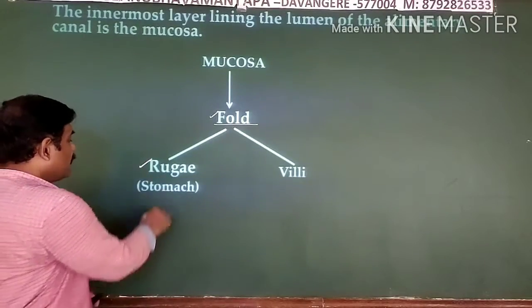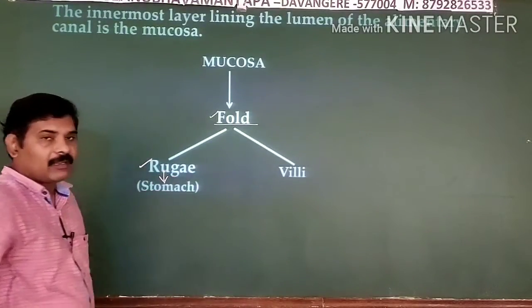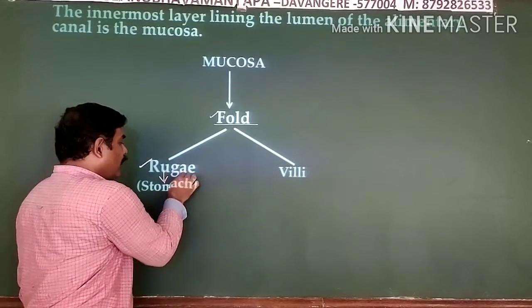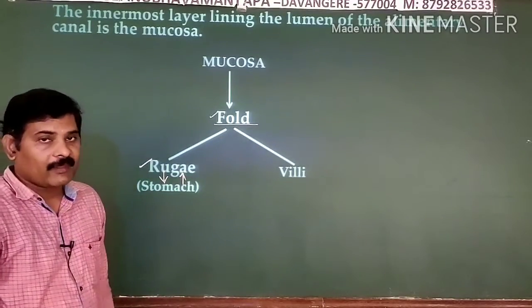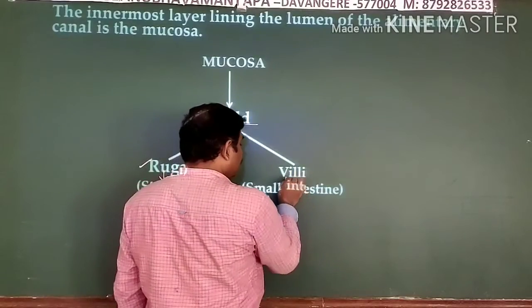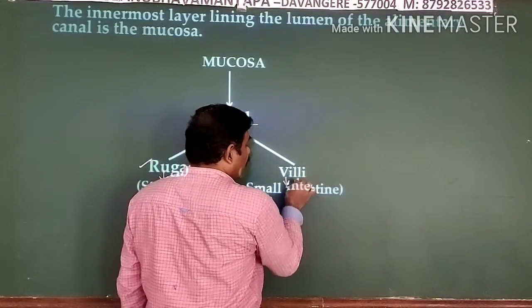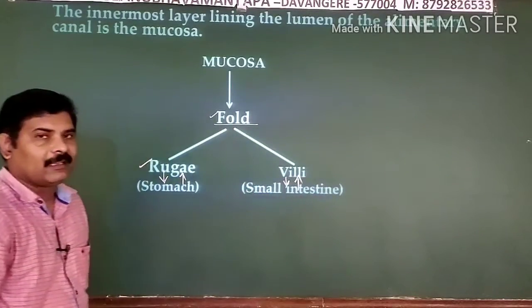If it is present within the stomach, then we call it the rugae. If it is present in the small intestine, then they are known as the villi.